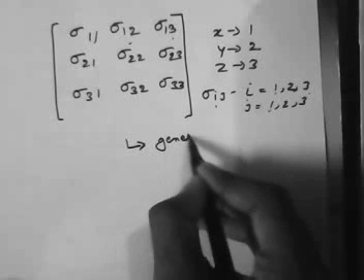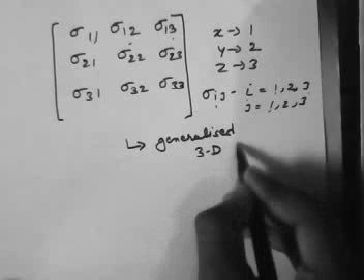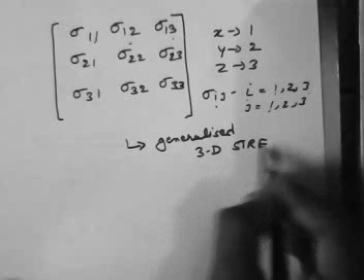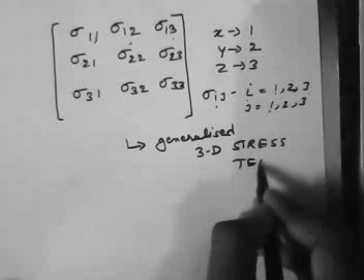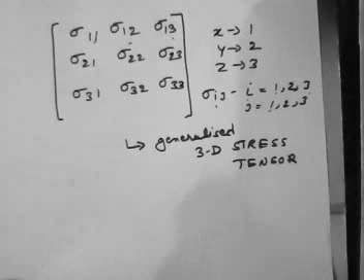This generalized stress tensor can be written as sigma ij, where i varies from 1 to 3 and j varies from 1 to 3. So this is basically a generalized 3D stress tensor.